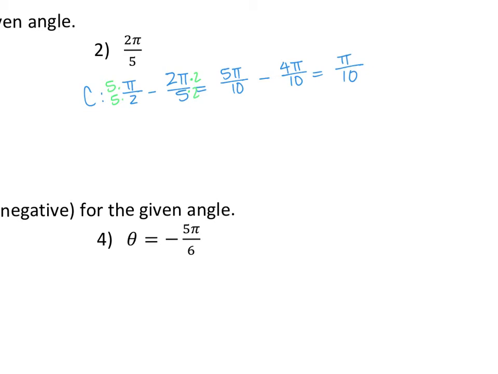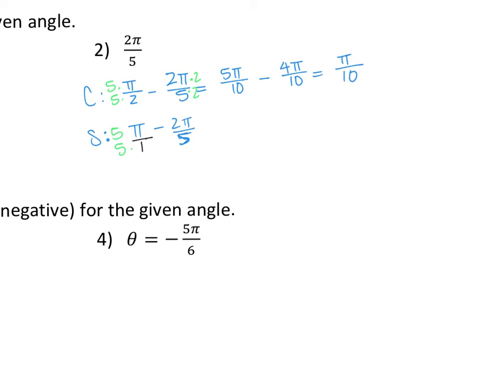To figure out what the supplementary angle is, I have to take pi and subtract it from 2 pi over 5. The nice part here is that with this being a whole number, I can always put pi over 1 and make the denominator whatever I want to match up with this denominator. So if this is a 5, I can multiply the top and bottom by 5.